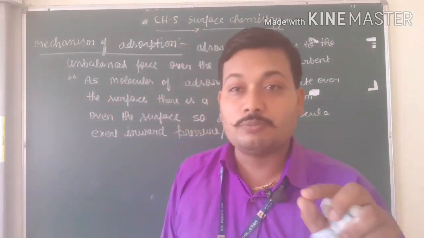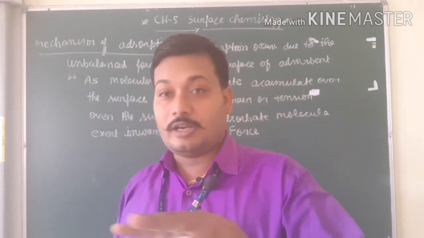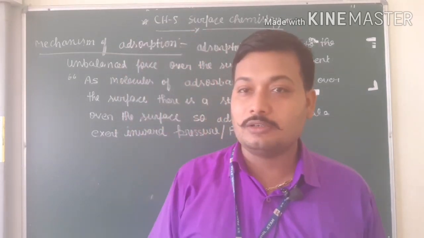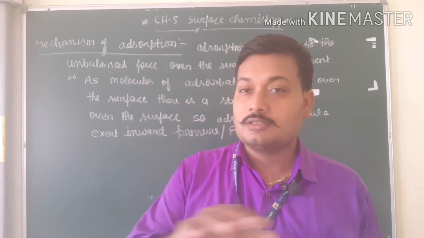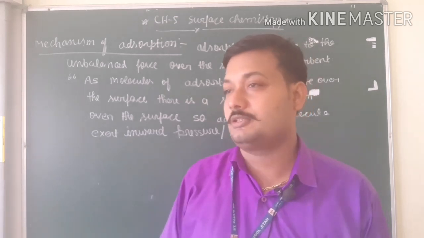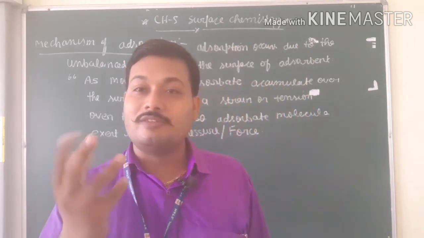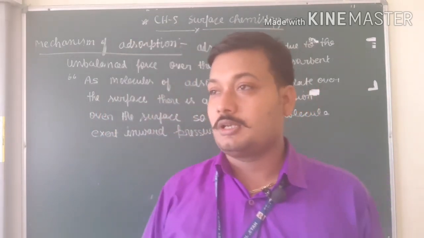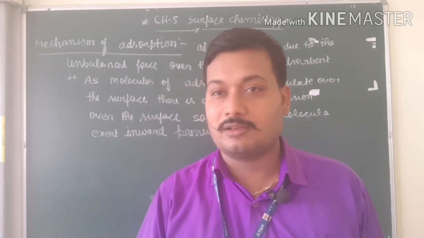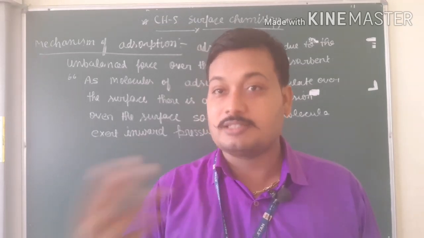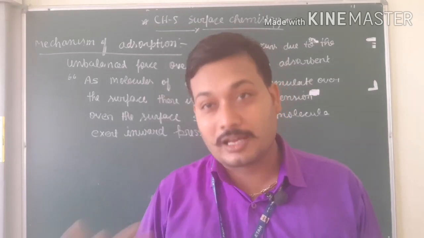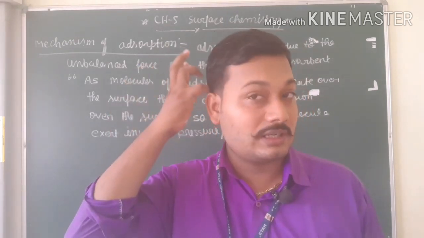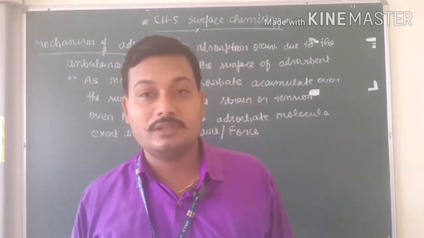When the adsorbate molecules come to the surface of adsorbent, there is a strain over the surface of adsorbent. So the unbalanced force occurs. How is it unbalanced? Because there is no net force inside the bulk, but at the surface there is a force, by which they attract each other.